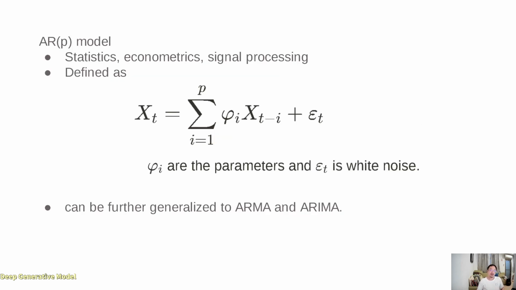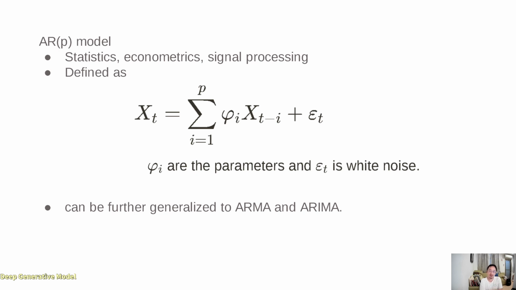However, in different contexts or different fields, autoregressive might mean something a little bit different. They are still more or less the same, but people put more emphasis on something different. For example, there's a terminology, AR(p). AR means autoregressive. It is also called the AR model of length p.